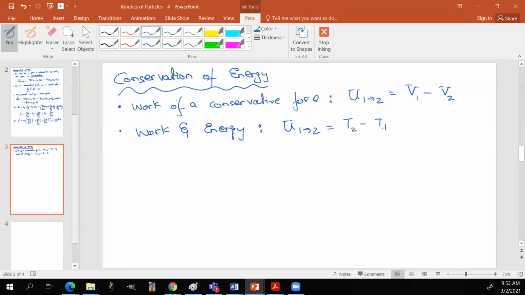All right, so what does that mean? That means that your change in potential energy, but bear in mind it's 1 minus 2, is equal to your change in kinetic energy, which is 2 minus 1. Well, flip things around, what you end up with is that the kinetic energy at position 1 plus the potential energy at position 1 is equal to the kinetic energy at position 2 plus the potential energy at position 2.